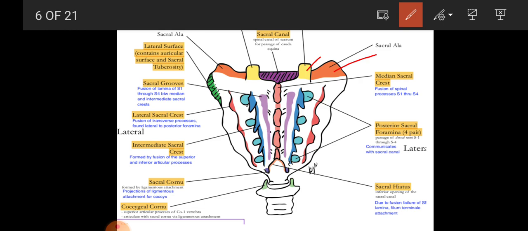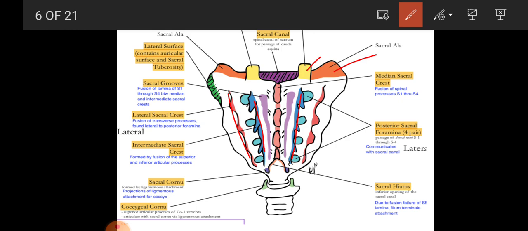Then in the midline we have the median sacral crest, and there are the lateral sacral crests, which are formed by the fusion of the transverse processes, and there is the intermediate sacral crest, which is formed by the fusion of the superior and inferior articular processes. All these structures on the posterior surface are highlighted again on this diagram.